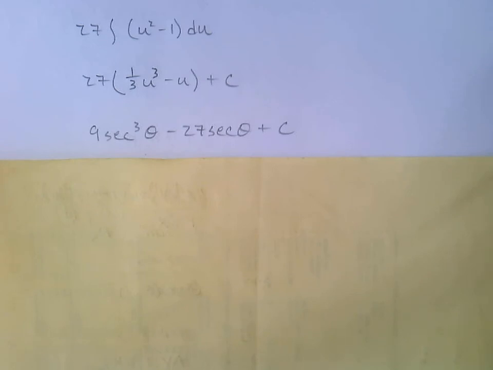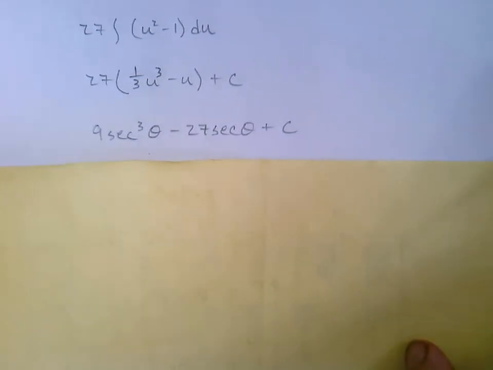Now you might think this is the final answer, but it is most definitely not, because the original question had x's, and a few steps in, we converted those to trig functions with theta, and then we used a u sub. So we've turned the u back into theta, but now we need to go all the way back to x. How's that going to work?